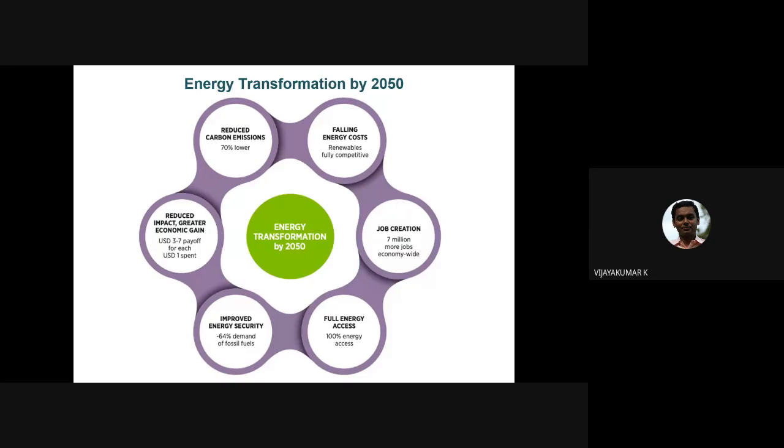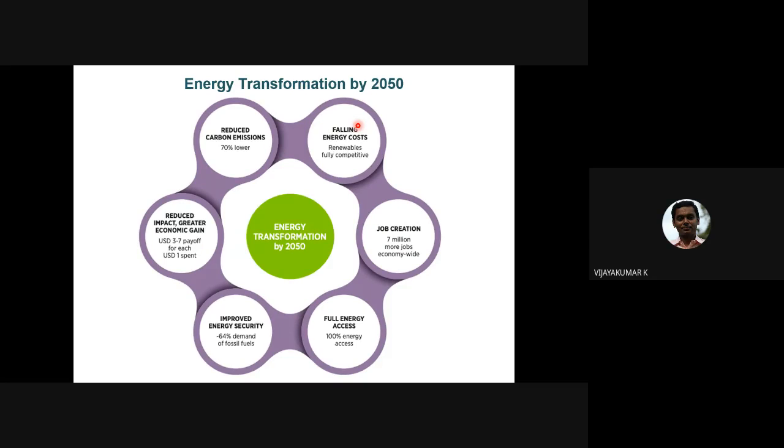Another thing is that, because of these renewable energy systems, we can reduce the energy cost. We can realize that reduction by looking at the MNRE website.